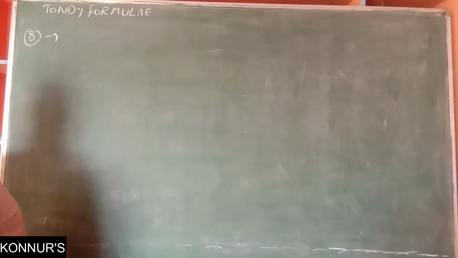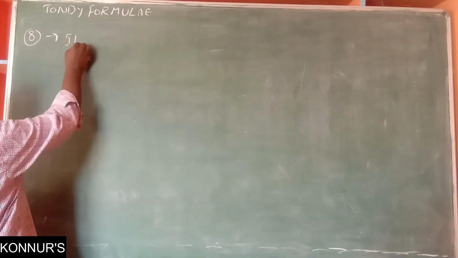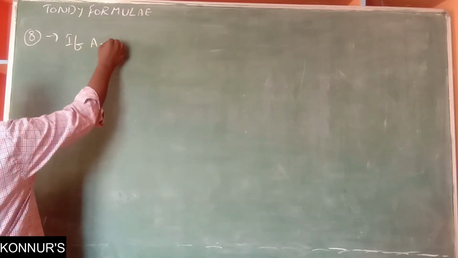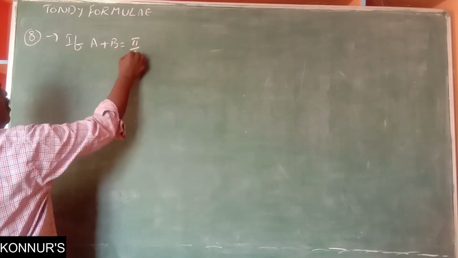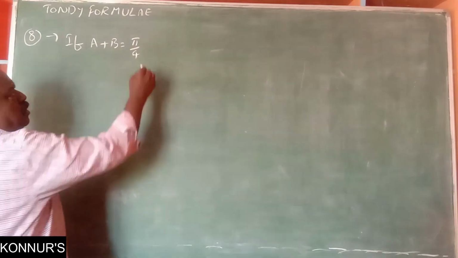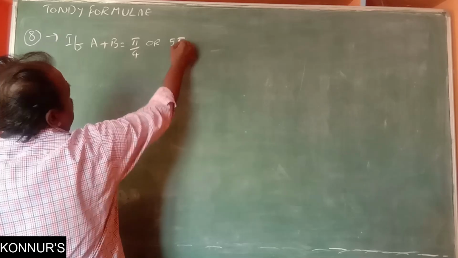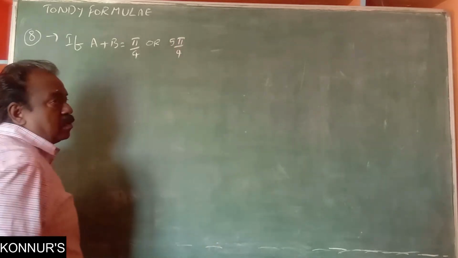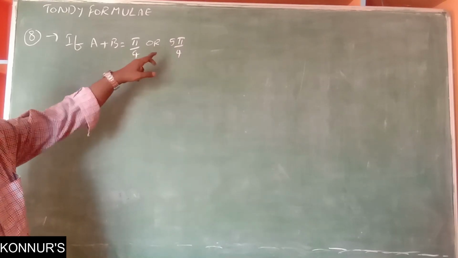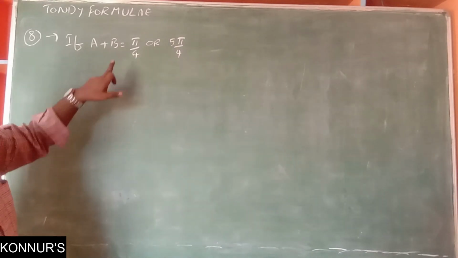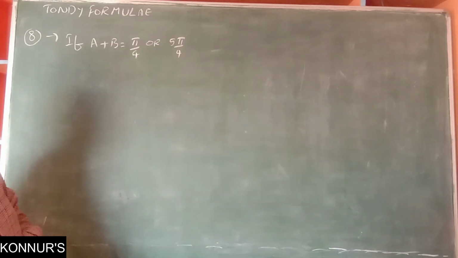Yes. The 7th formula: if A plus B is equal to pi by 4, or 5 pi by 4. Pi by 4 is 45 degrees, or 5 pi by 4 is 225 degrees, that is in the first quadrant or in the third quadrant.